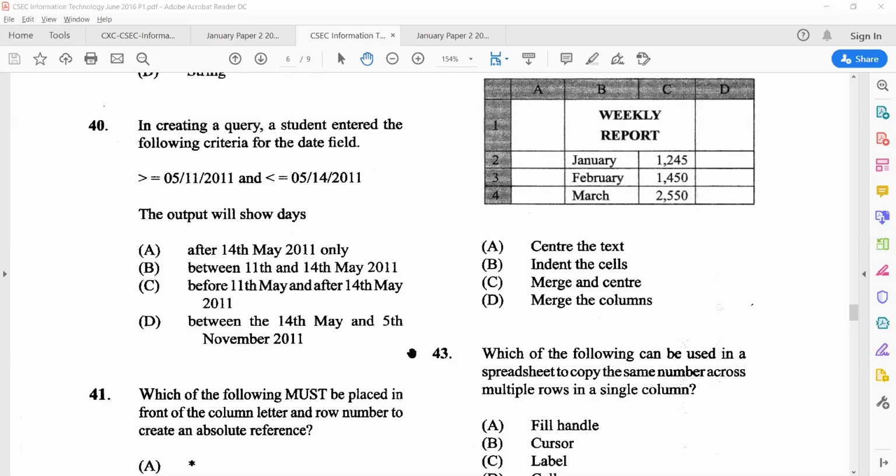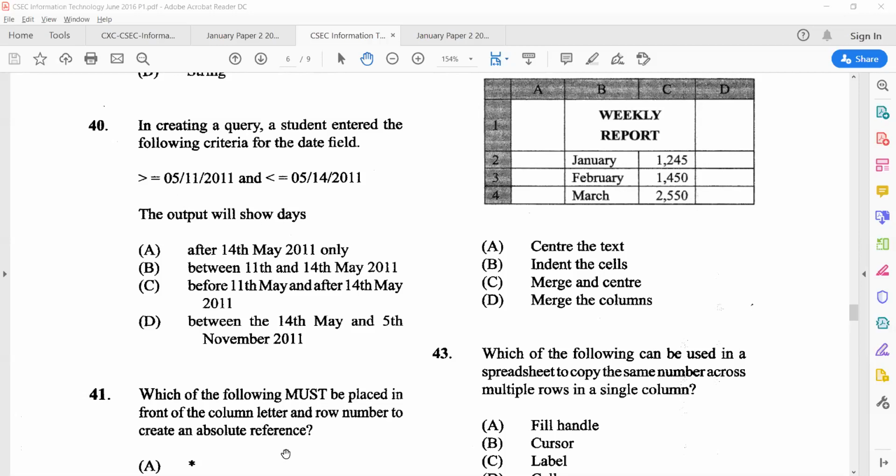Now, the first thing to note is you have to understand what format this is. Is this the month-day-year format or day-month-year? Given that the second set of digits is 14 in the second part, that means that will be the date. So we're looking at the 11th of May 2011 and the 14th of May 2011.